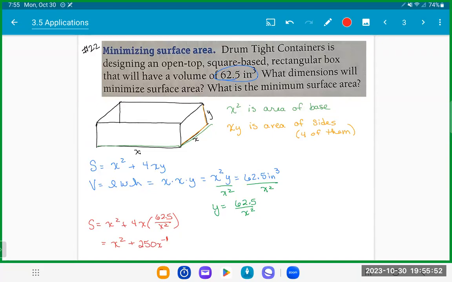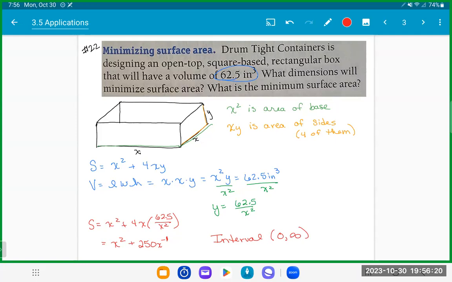So S is defined only for positive values, so we minimize S on the interval of 0 to infinity. Again, that is because S is only defined for positive values.